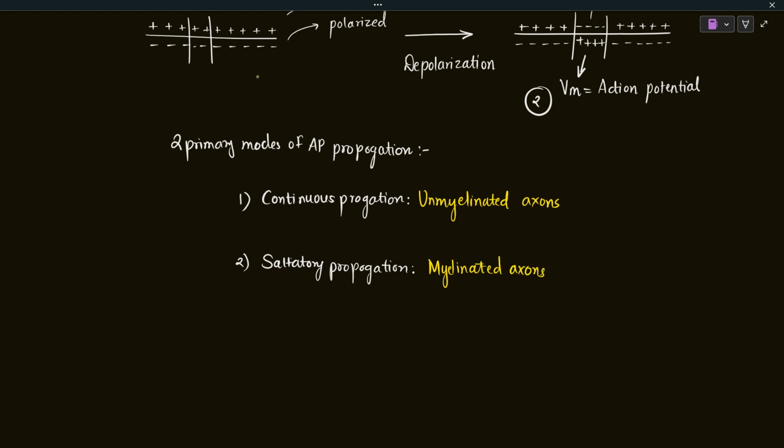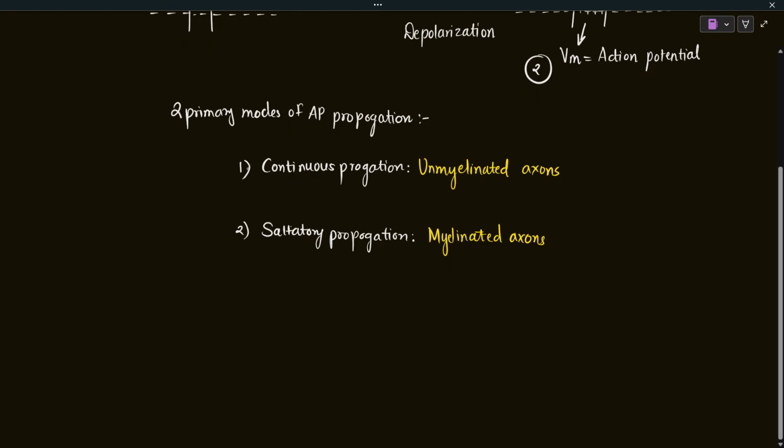Okay, so let's see how exactly the continuous propagation happens across the axonal membrane. This continuous propagation happens in unmyelinated axons with the help of stepwise depolarization and repolarization.